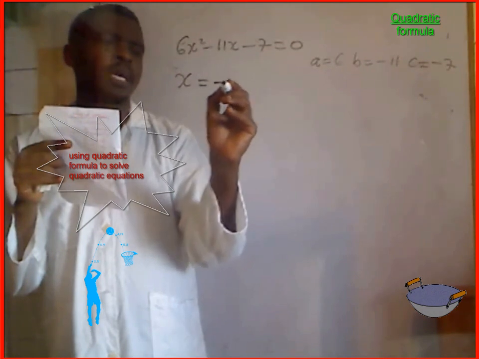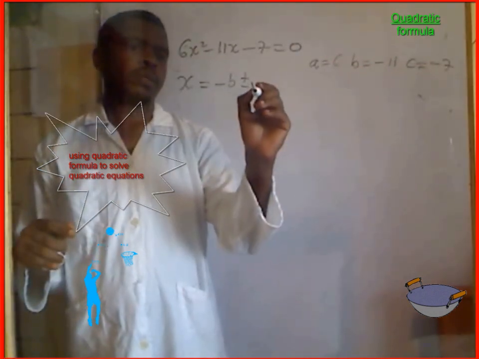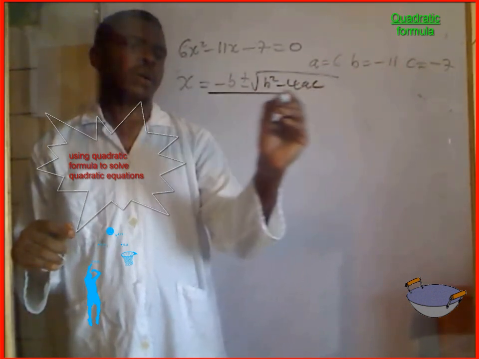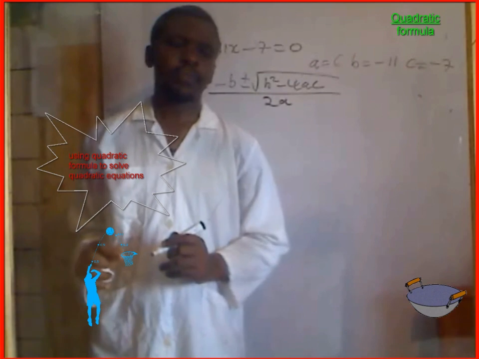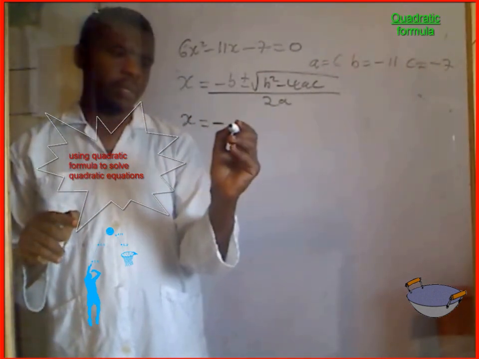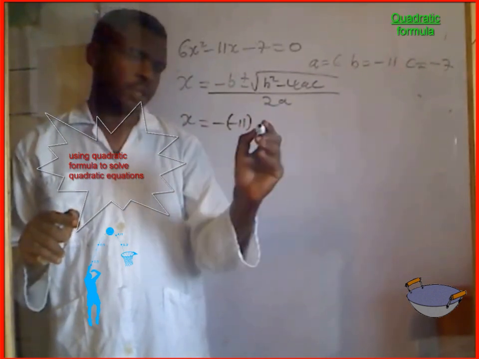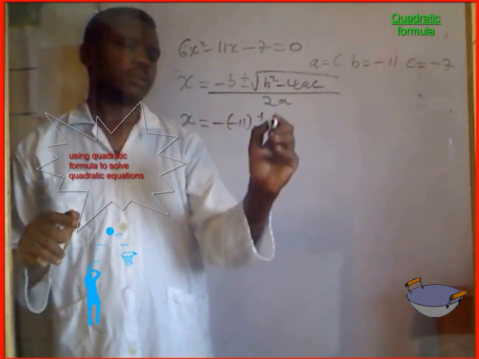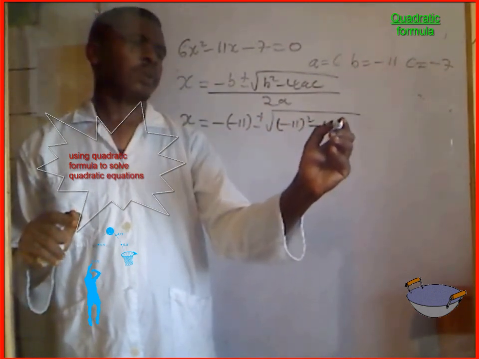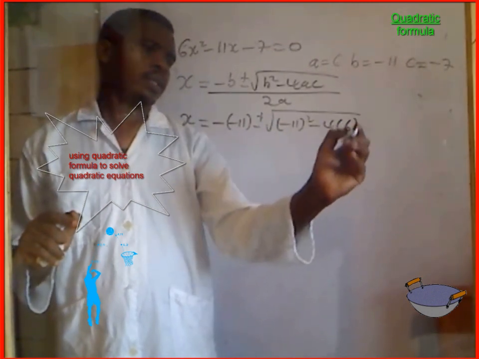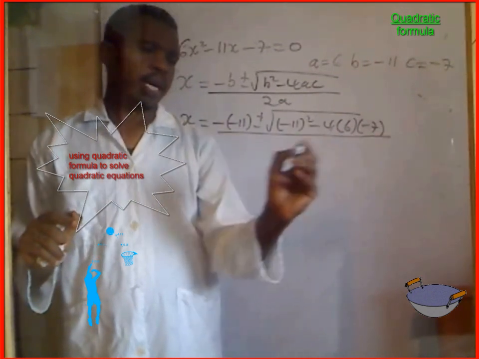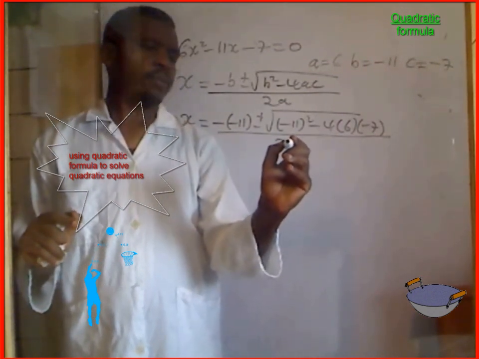X is equals to minus b plus or minus the square root of b squared minus 4ac all over 2a. X is equals to, what is minus b? Minus 11, put it in brackets, plus or minus the square root of 11 squared minus 4, what is a? 6 times minus 7. All of this divided by 2 times 6.